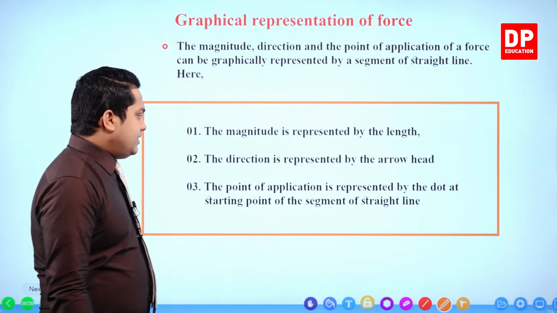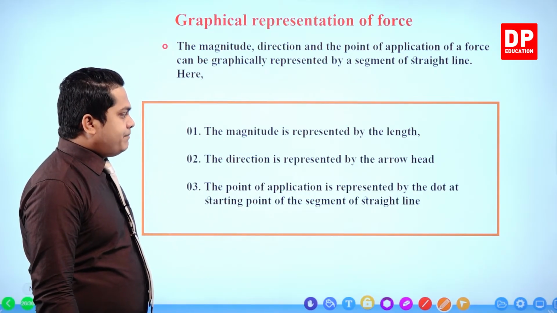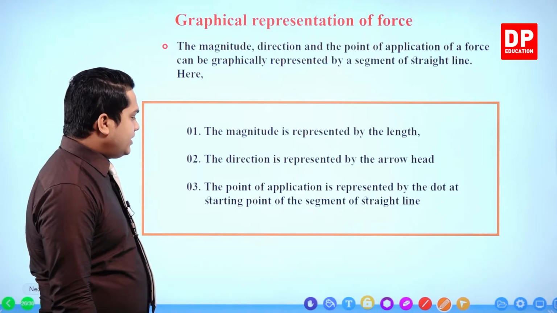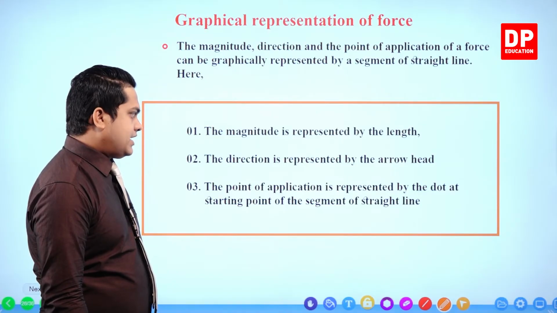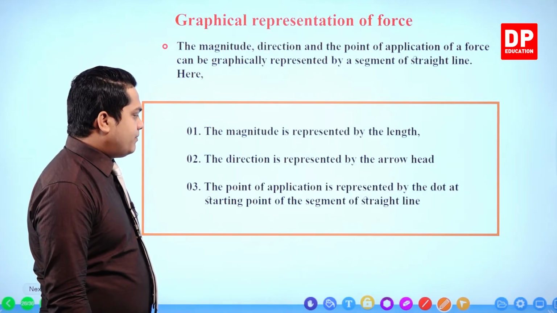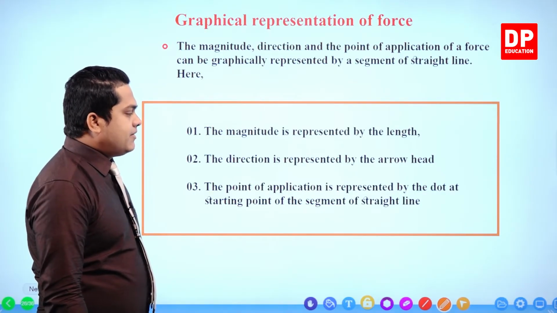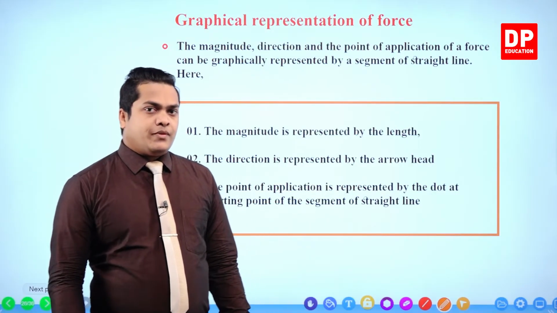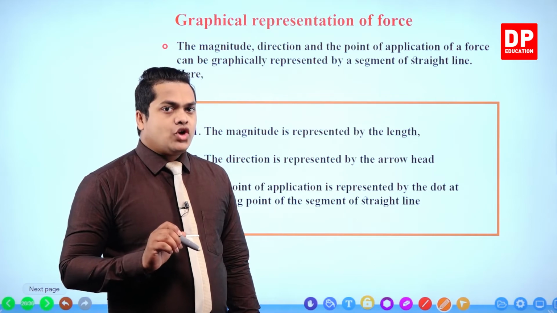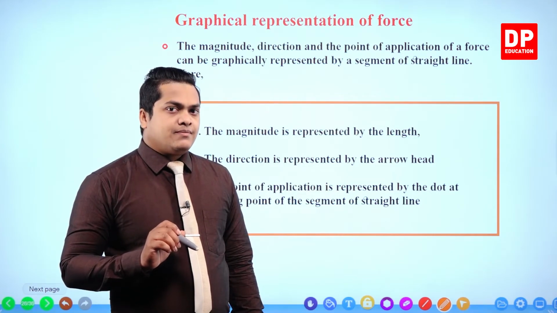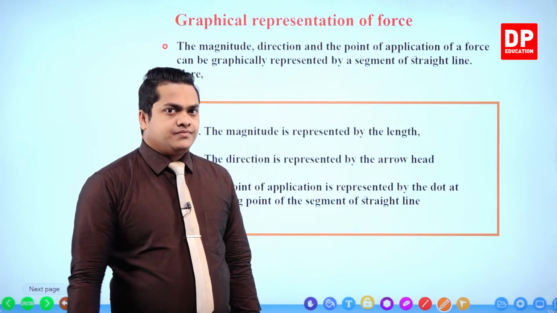Number 3, the point of application is represented by the dot at the starting point of the straight line segment. To show the point of application, we have to put a small dot at the position where the straight line begins from the object.